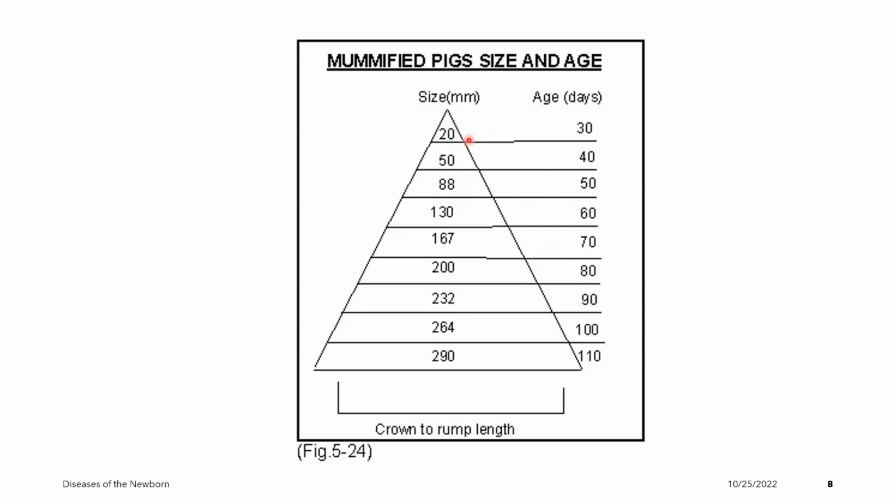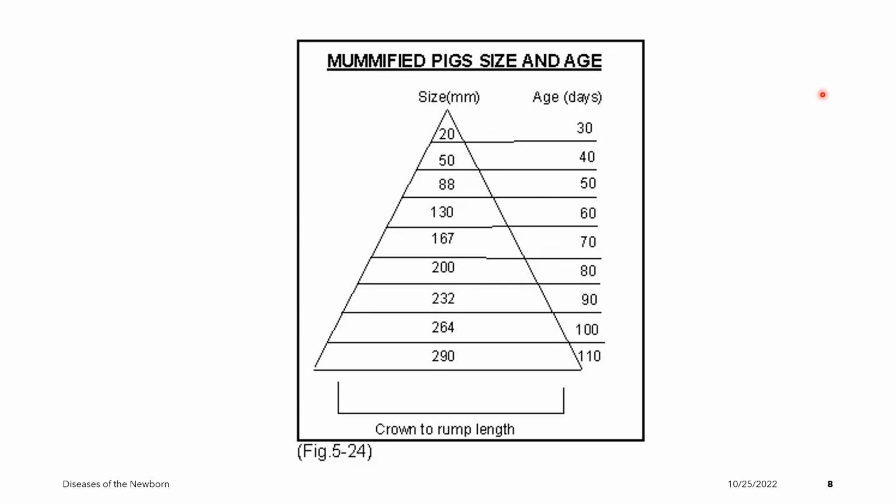For example, when the size of the mummified pig is 20 millimeters, the mummification could have occurred on day 30 of gestation. For sows, the normal gestation is 114 days, plus or minus 3 for farrowing. From approximately 30 days of age through to 114 or 115 days, the fetus is maturing.